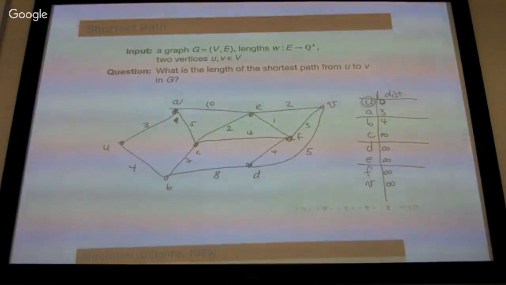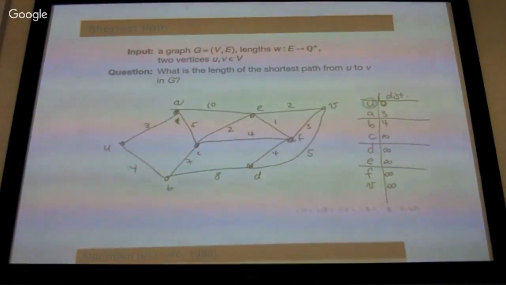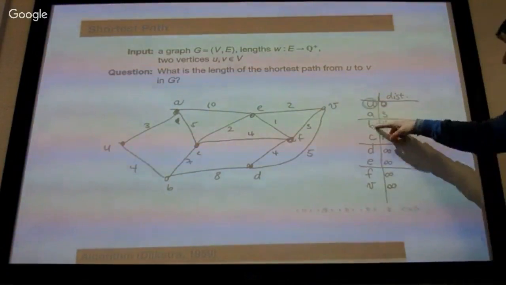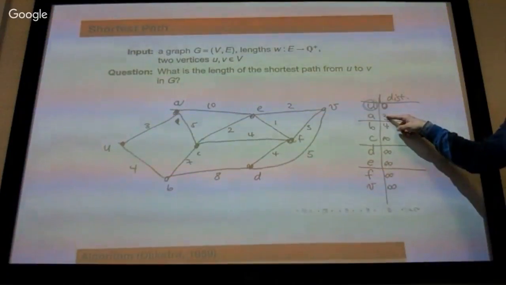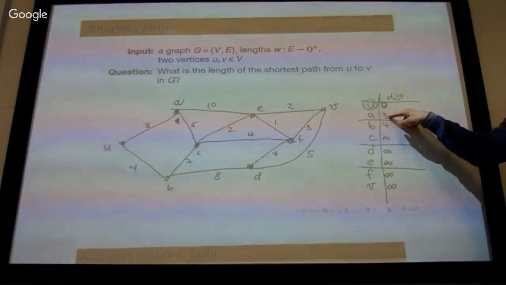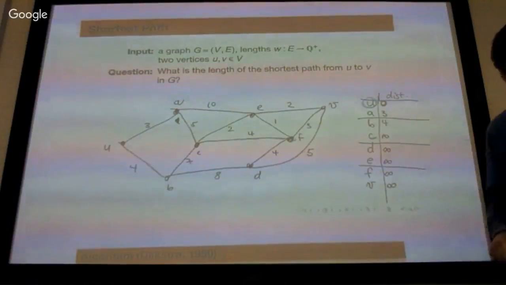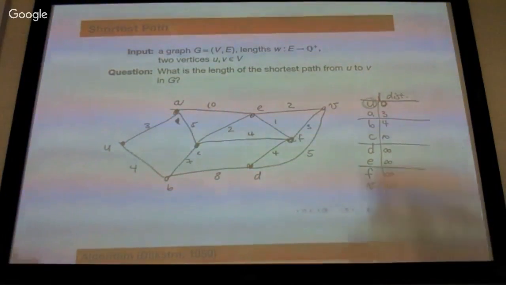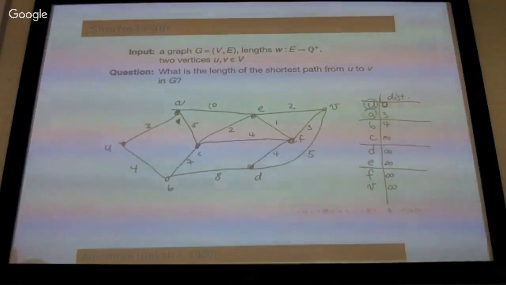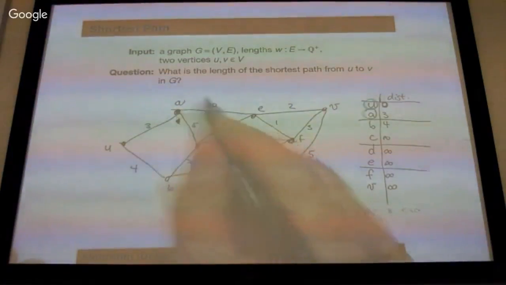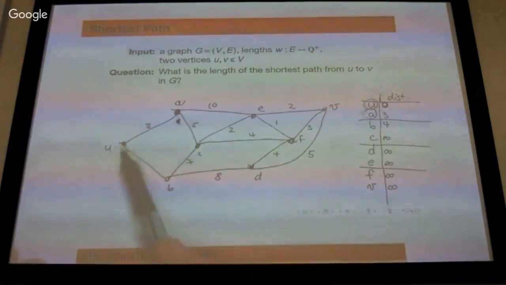Now what it does is it uses the least element, because among all those where it's not yet sure, it takes the least value. That's the 3 again. And it says, okay, so with A, now I'm sure. And it looks at all neighbors of A. U is already sure.